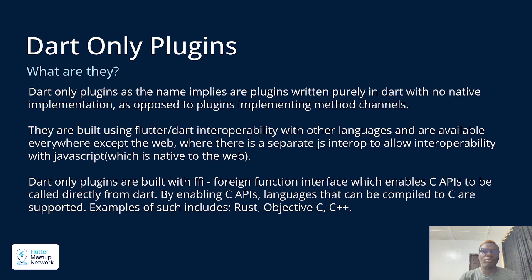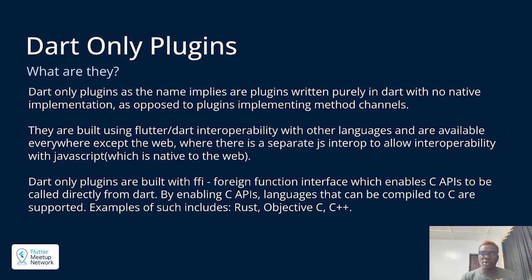So Dart-only plugins are built using Dart and its interop with other languages, right? I think they're available everywhere. If you're using FFI, for example, it's available everywhere except the web. On the web we have JS interop, so it's still Dart and its interop, right? Available everywhere. Dart-only plugins are built with FFI, which is the foreign function interface, and FFI enables C APIs to be called directly from Dart, right?